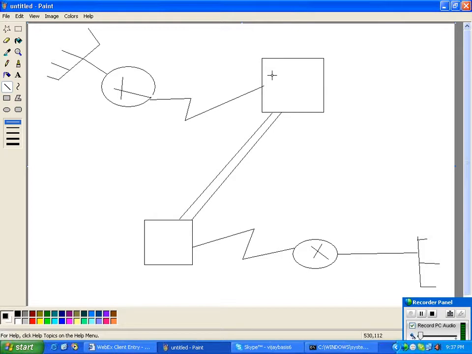Okay. ISP, Internet Service Provider. ISP, Internet Service Provider. We call it as backbone connection. And we call this as lease line.